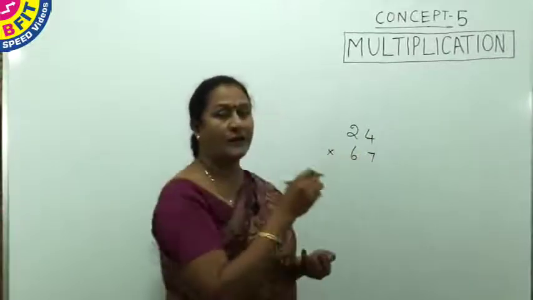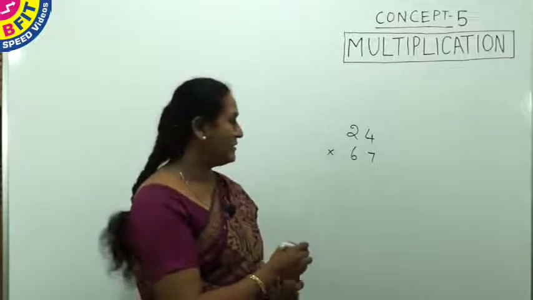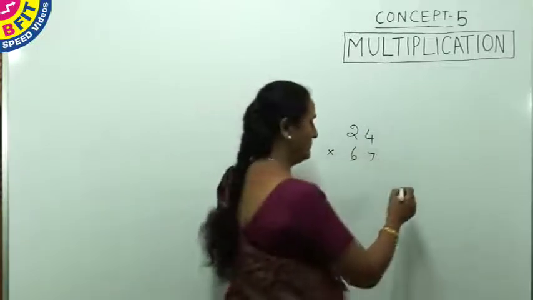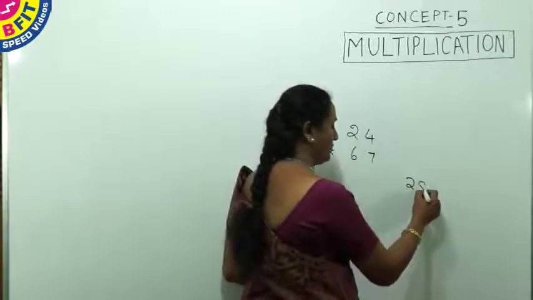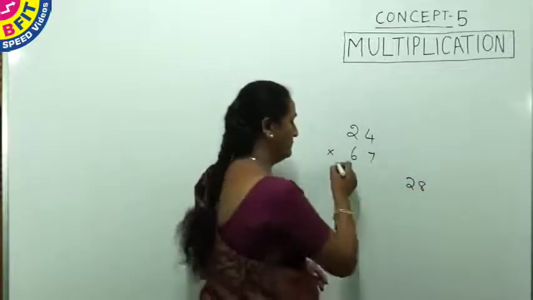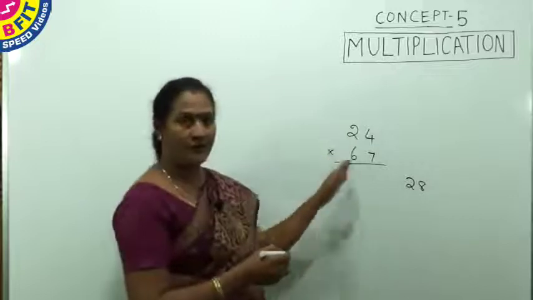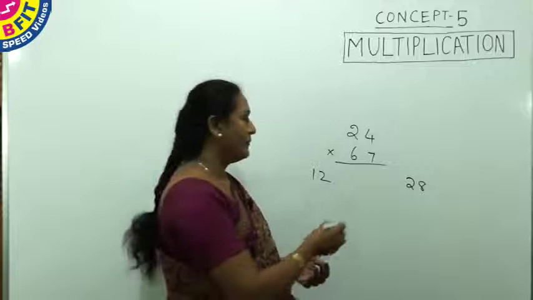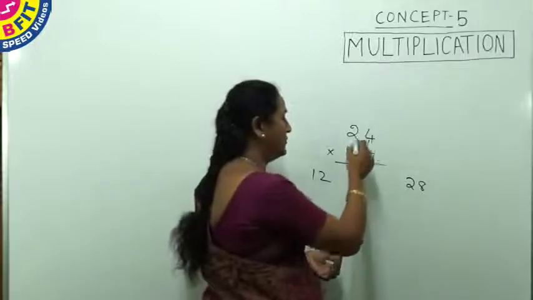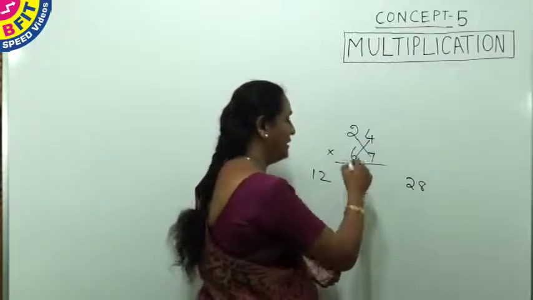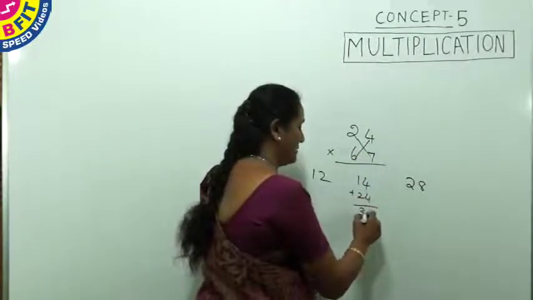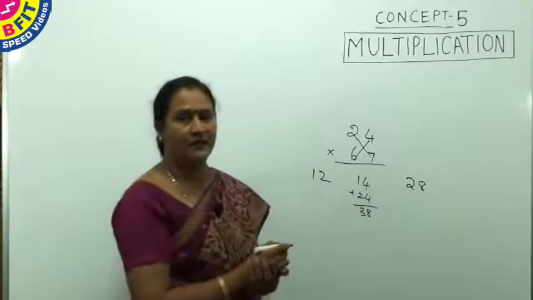So the first question is the product of 24 and 67. So what is the product here? The product of the last column, 7 into 4, is 28. The product of the first column, 6 into 2, is 12. And the extreme columns product, 2 into 7, 14, and 6 into 4, 24, is added and written in the middle.